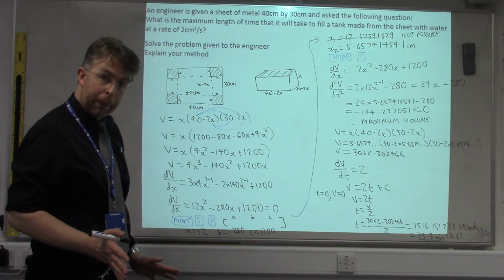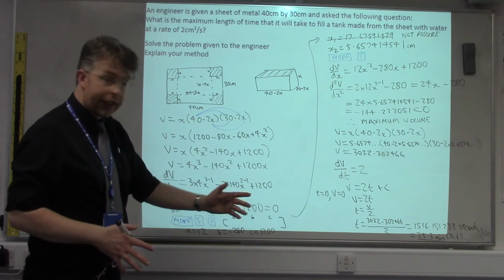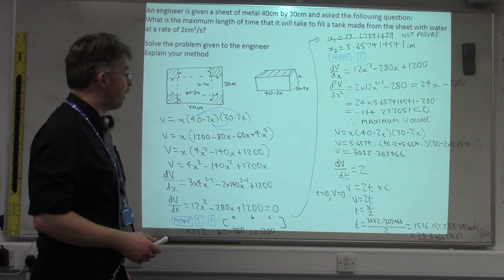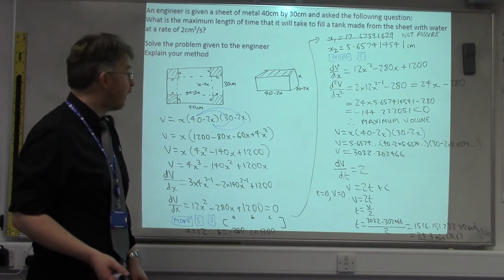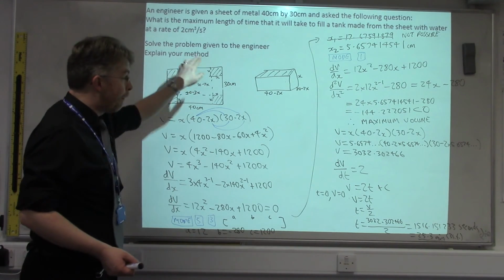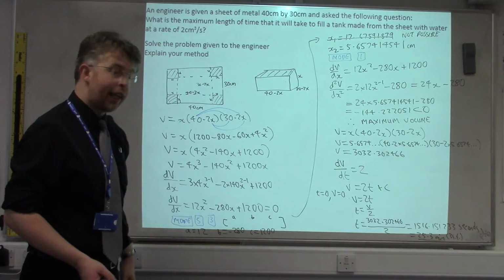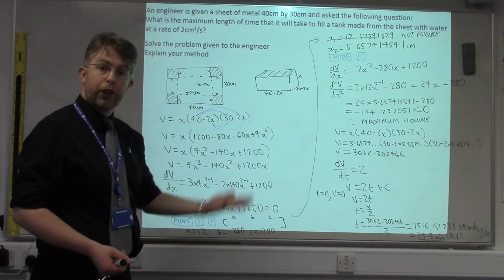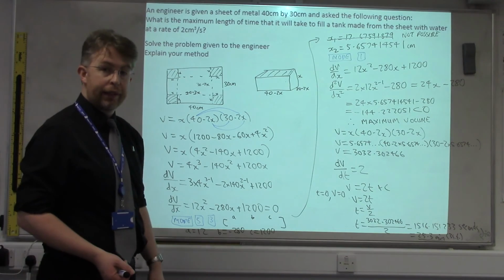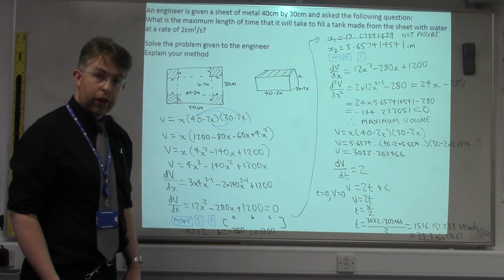You need all that in your proposal, and solving this gets the pass criteria. For the merit and distinction criteria, explaining your method, explaining what you're doing and why, the quality of your response will determine what grade you get. So best of luck.